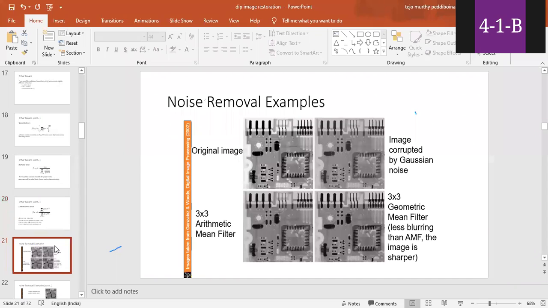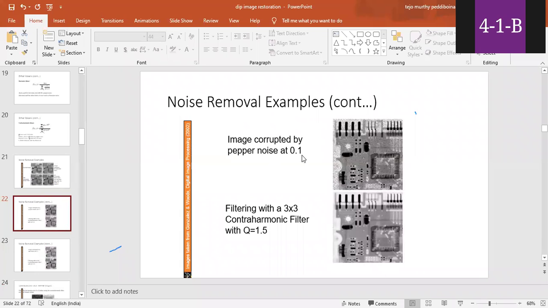If the original image is like this and the image corrupted by noise is on the right hand side, and we do filtering with a 3 by 3 arithmetic mean filter, it performs like this. The 3 by 3 geometric mean filter is less blurring than AMF, and the image is sharper. You can identify the edges are sharp here in this image.